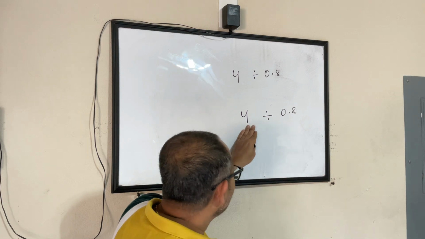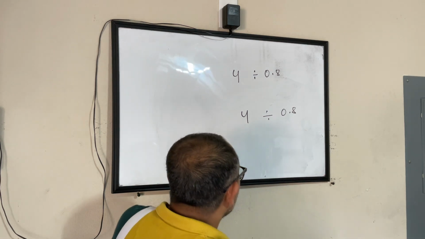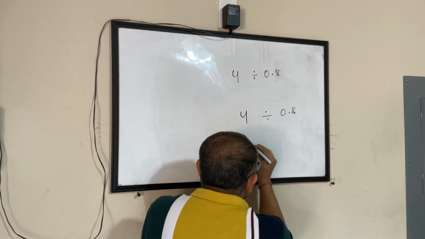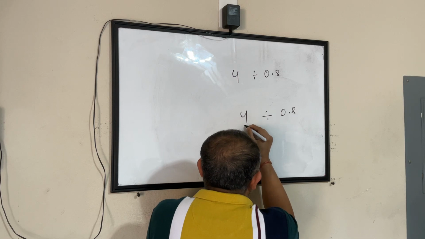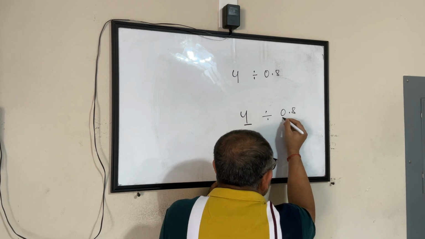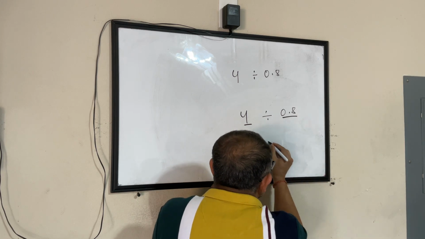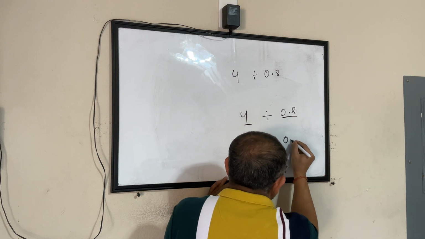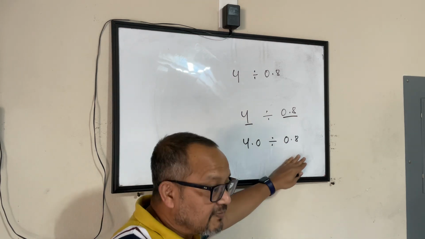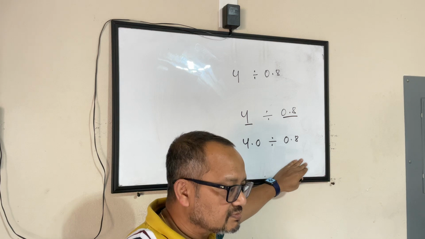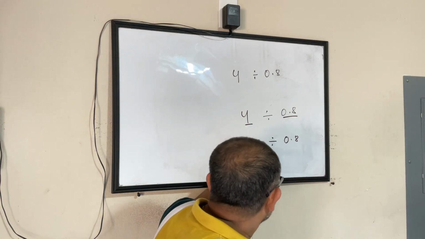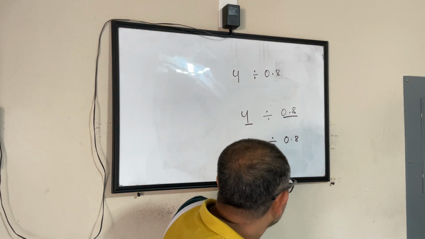So if I have a number like this, the first thing I have to do is make sure that both the number I'm trying to divide and the number with which I'm dividing have the same number of digits after the decimal. That's the first thing we have to do. Now divide 4.0 by 0.8.